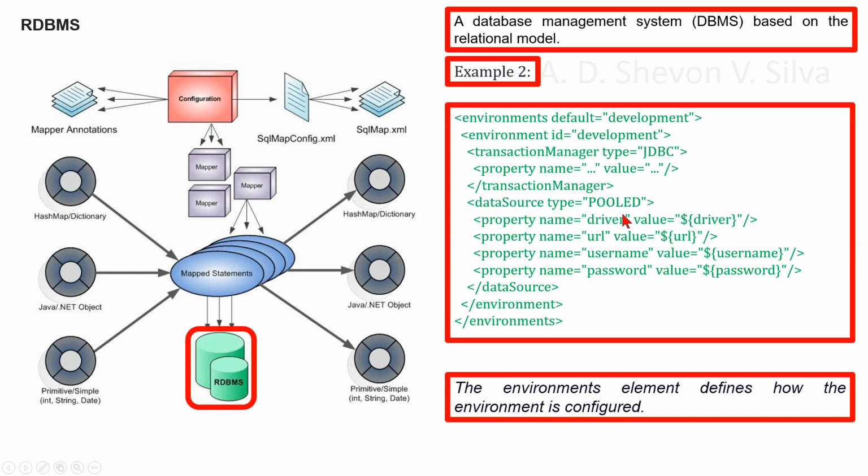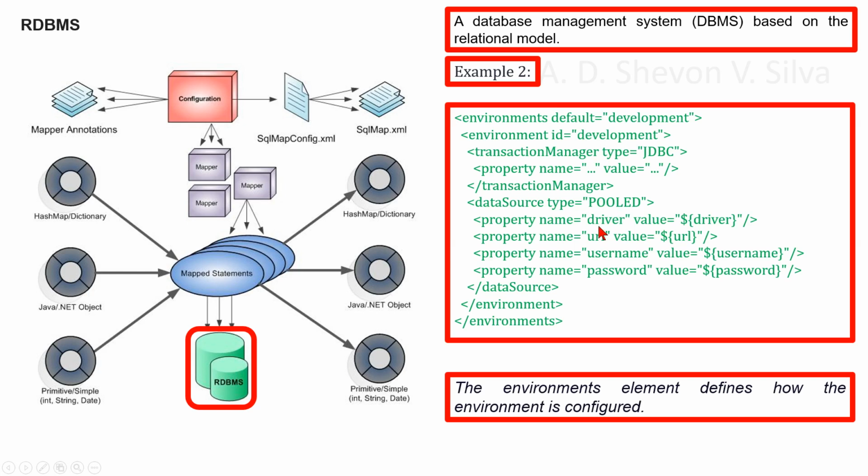Here is pooled. This implementation of data source pools JDBC connection objects to avoid the initial connection and authentication time required to create a new connection instance. This is the popular approach for concurrent web applications to achieve the fastest response.